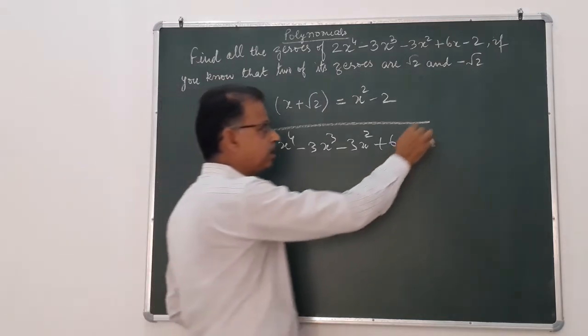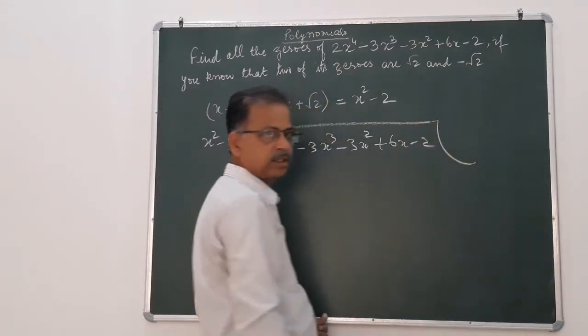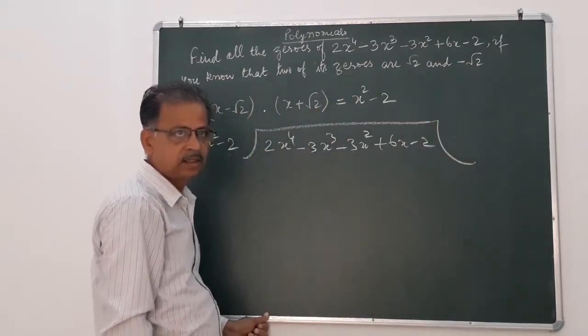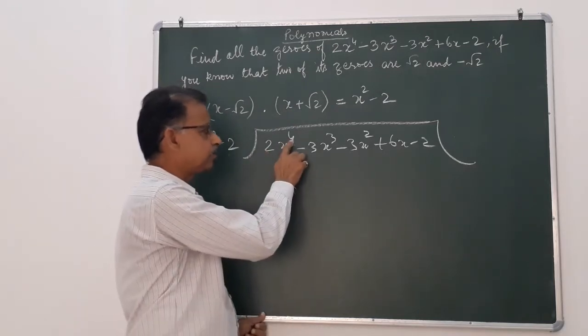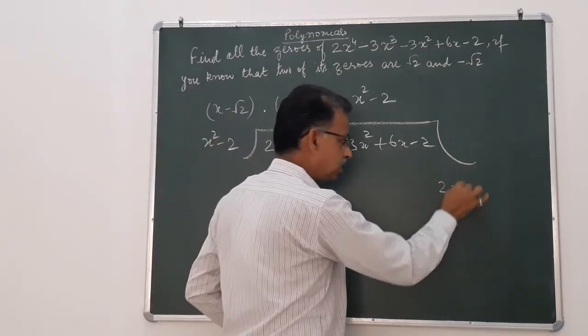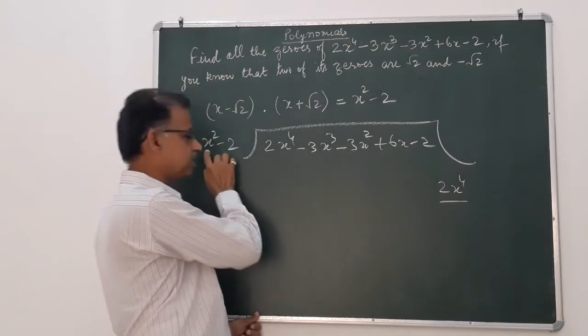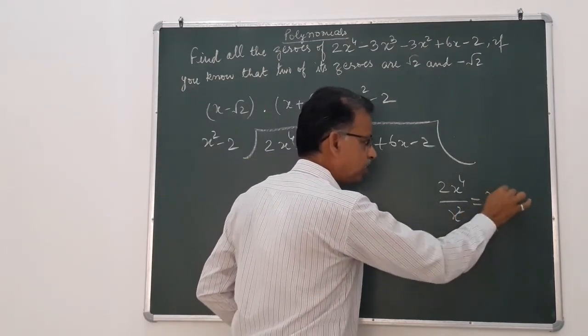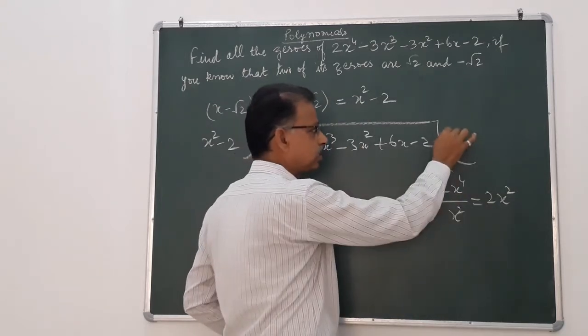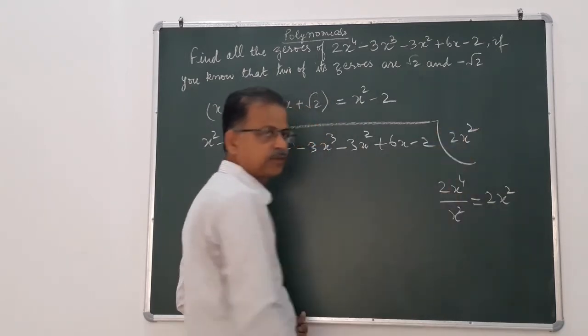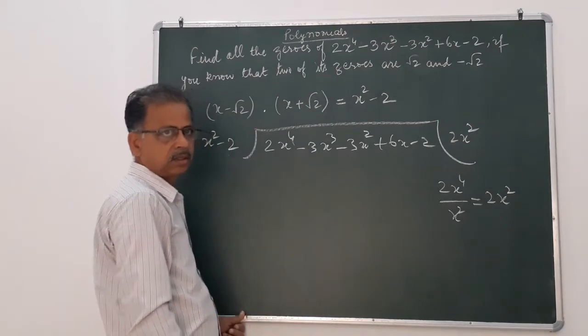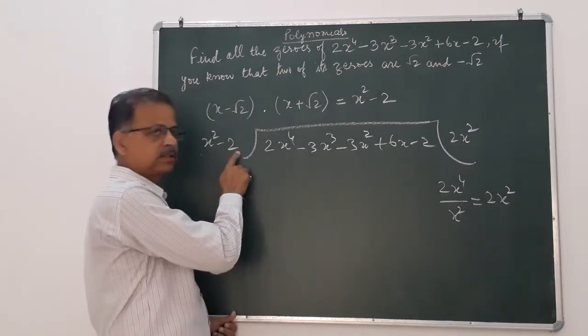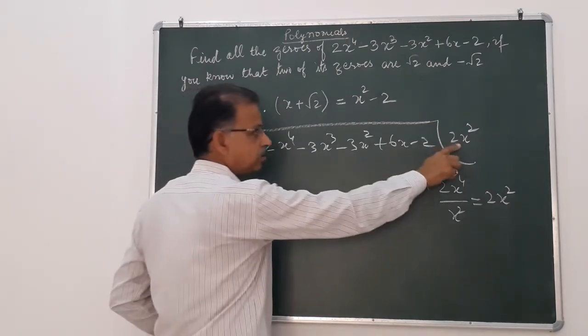Now to find the first term of the quotient, we divide 2x power 4 by x square. We get 2x square. So 2x square is the first term of the quotient. Now we multiply this divisor by 2x square.